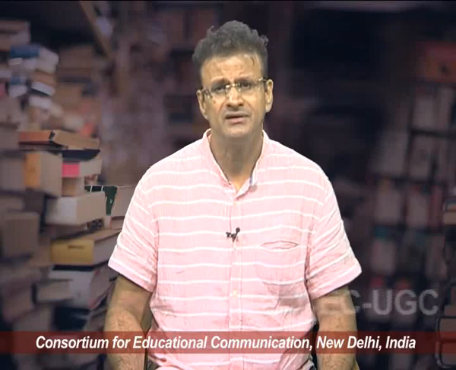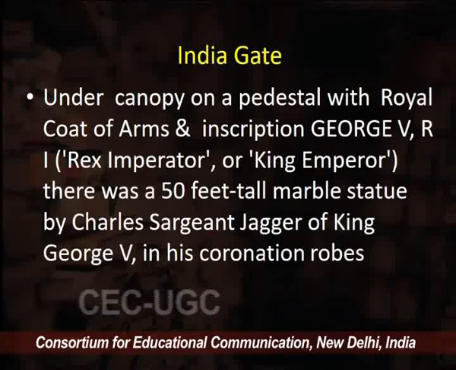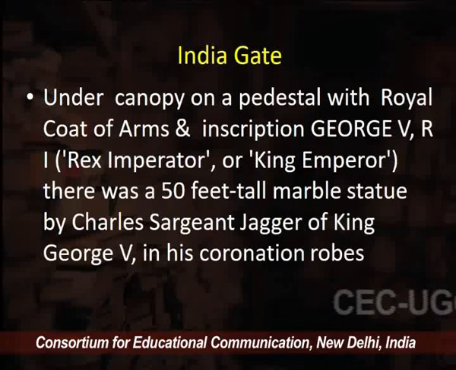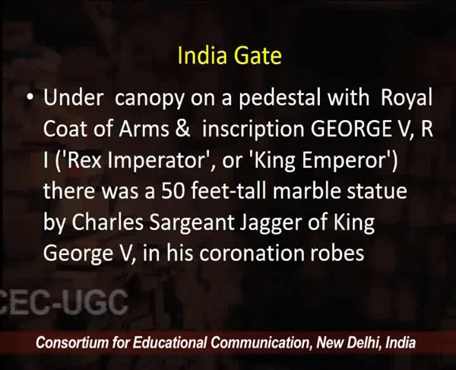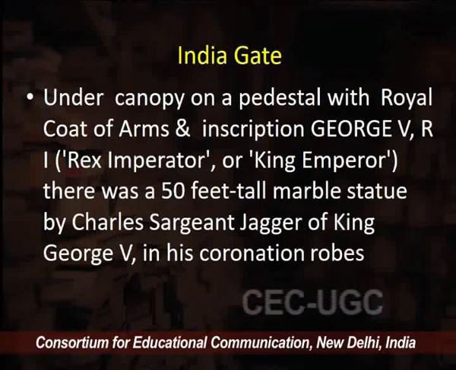And when one is talking about India Gate, we also find that under the canopy, on a pedestal with the royal coat of arms and the inscription George V R.I., Rex Imperator, or King Emperor, there was a 50 feet tall marble statue by Charles Sargent Jagger of King George V in his coronation robes.